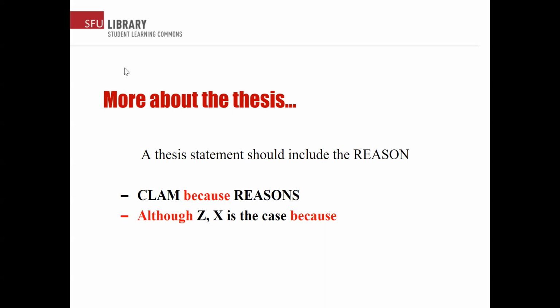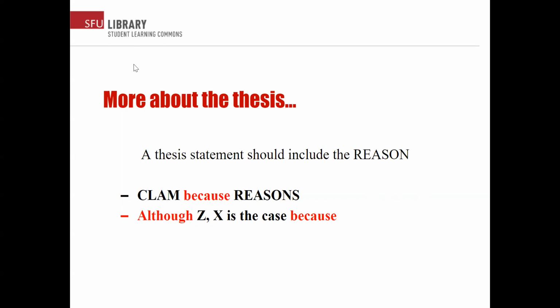And then to support your position, you need to have some reasons. Depending on the length of your essay, you might have one reason, two reasons, three, or more, so that these reasons support your claim. And in your thesis statement, you can use the conjunction word because to connect the claim to the reason.